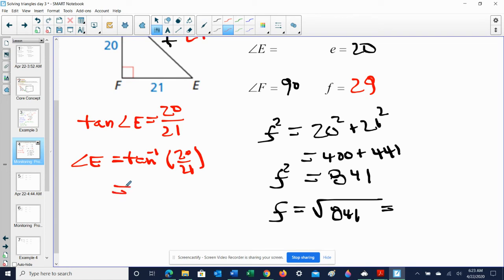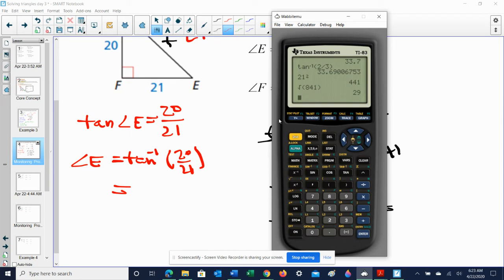So angle E is equal to, where do we have to go? Back to our calculator. Second tangent, 20 divided by 21, close parentheses, enter, 43.6.